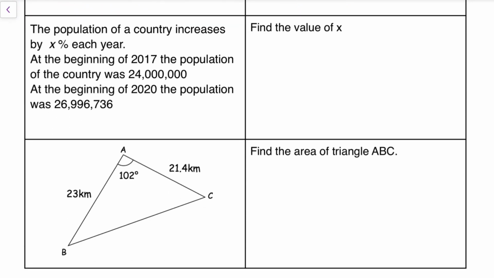Next question. The population of a country increases by x% each year. At the beginning of 2017, the population was this, and then at 2020, it was that. So 3 years later. Let's do it as an equation. I'm going to get my starting value.